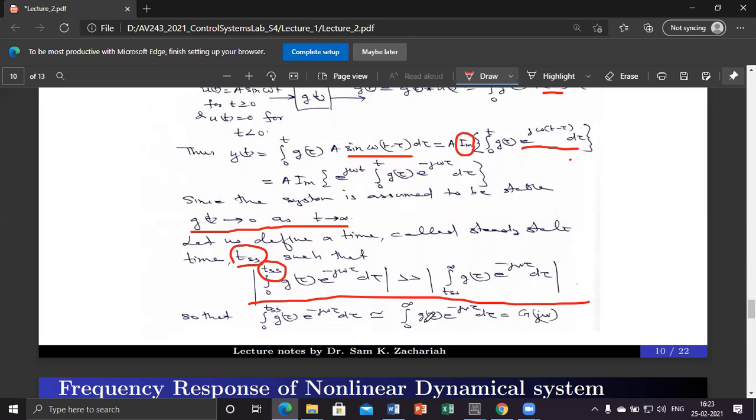All right, because the error part is insignificant. But there is a definition, you know, that the integral from 0 to infinity of g(tau) e^(-j omega tau) d tau is called G(j omega). It is directly coming from the Laplace transform definition.